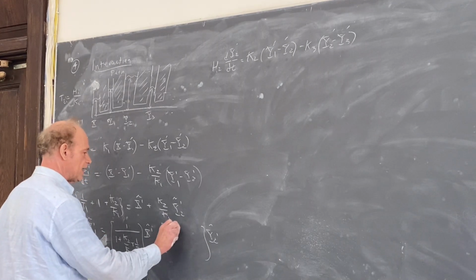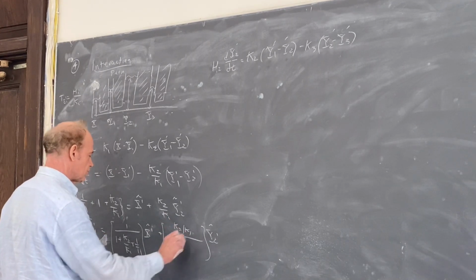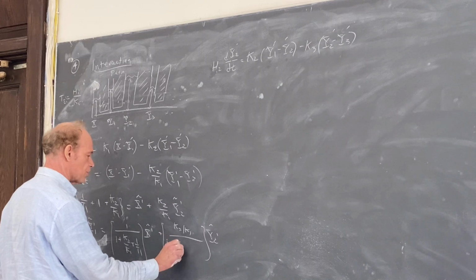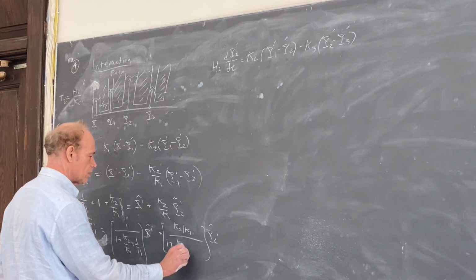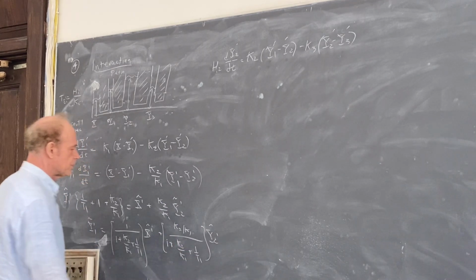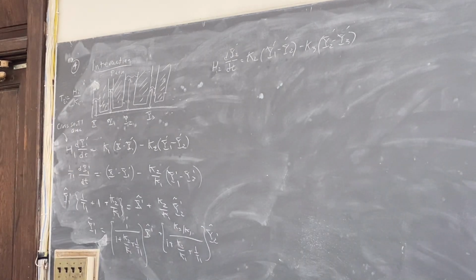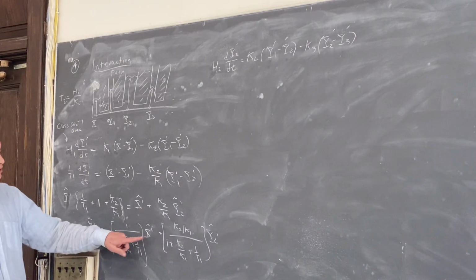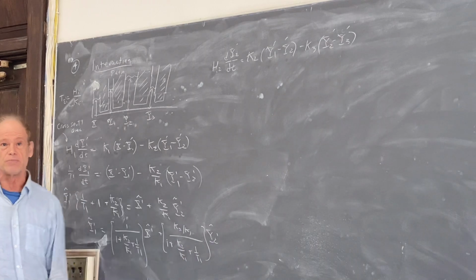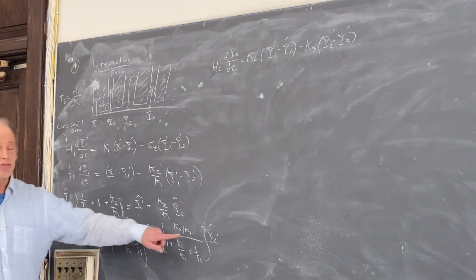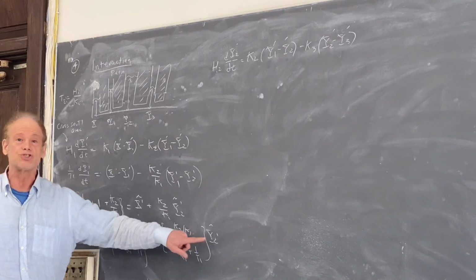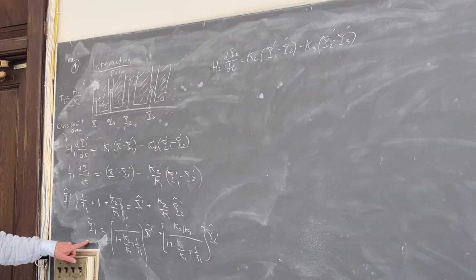And here I have k2 over k1 divided by (1 plus k2 over k1 plus 1 over t1). And notice, here I have y1 prime tilde in terms of x prime tilde and y2 prime tilde. These are the forcing functions. These are what's driving y1 prime tilde.